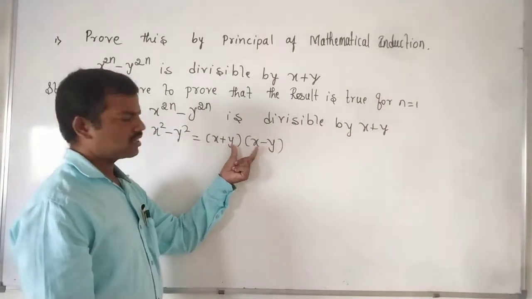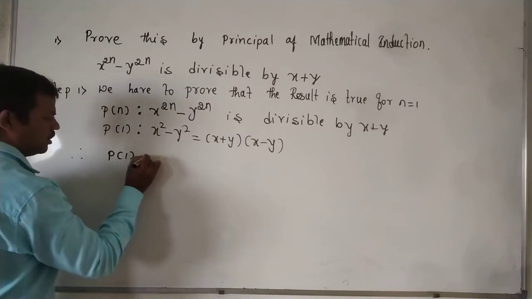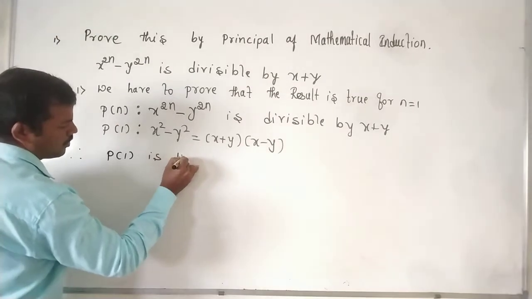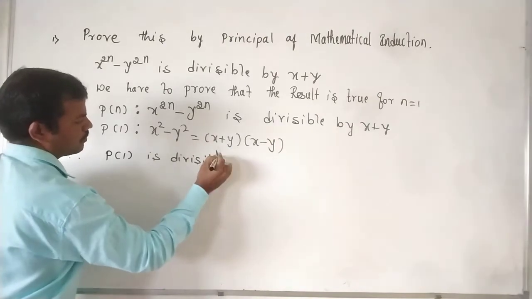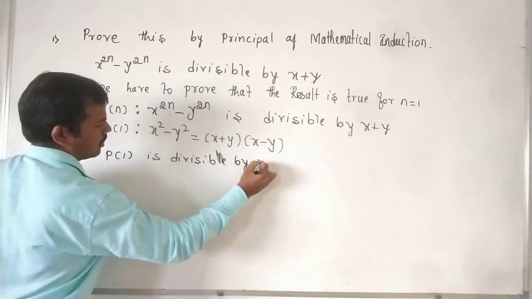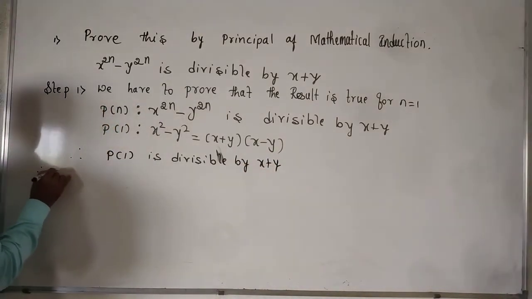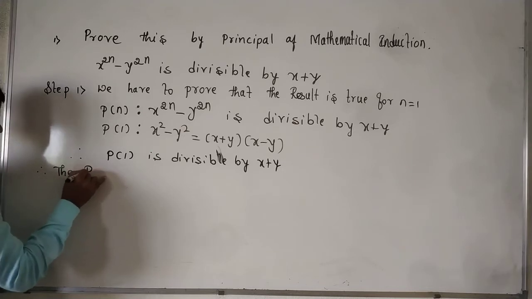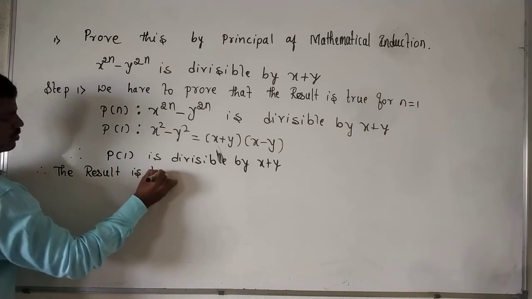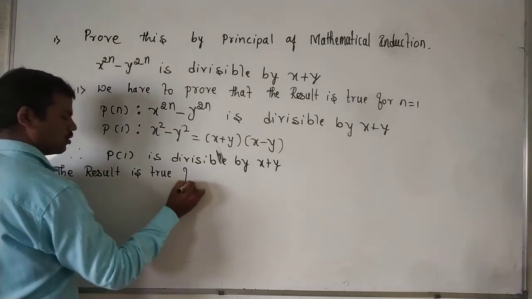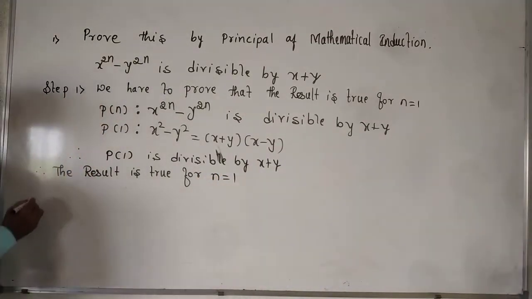Therefore p of 1 is divisible by x plus y. Therefore the result is true for n equal to 1.